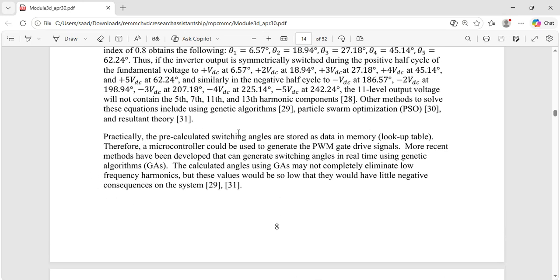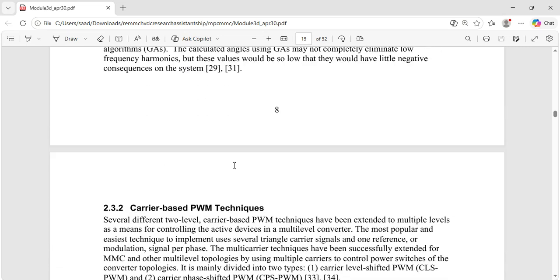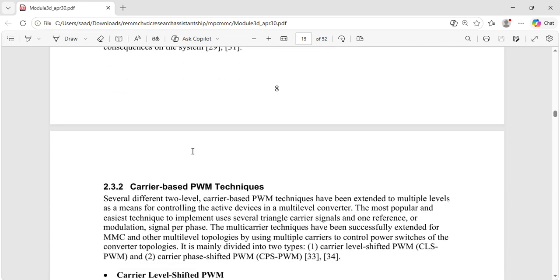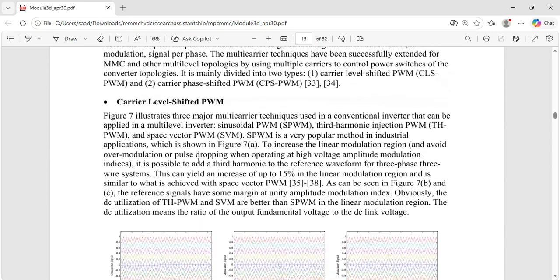Pre-calculated switching angles are stored in data memory or a lookup table, so our controller can decide, based on the modulation index, which particular angles to select for harmonic elimination.